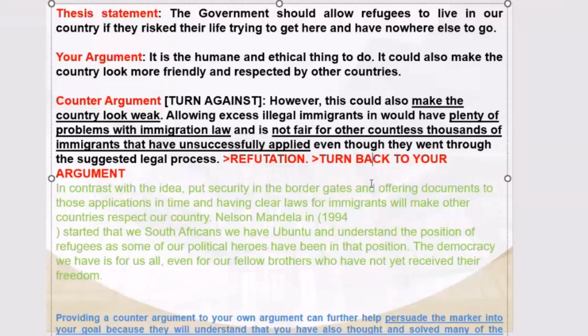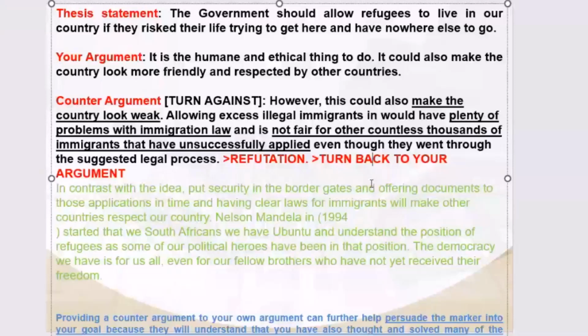In contrast with the idea, put security in the border gates and offer documents to those applicants on time, and having clear laws for immigrants will make other countries respect our country.